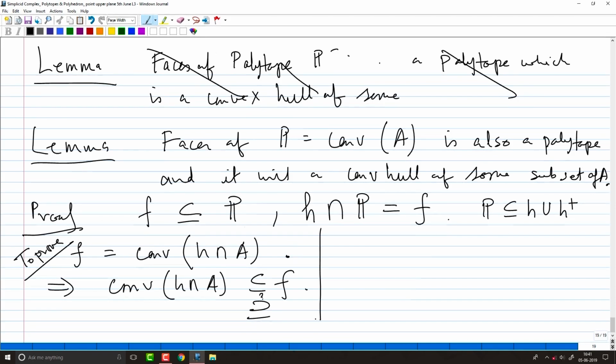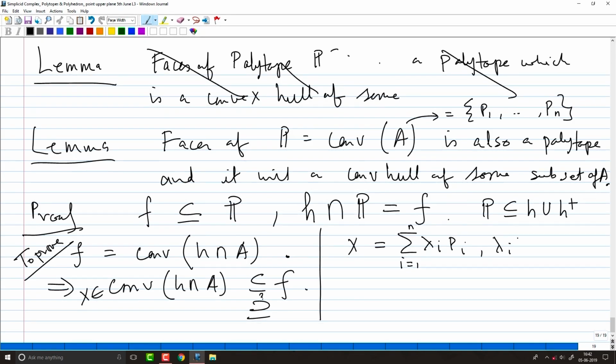So, let the set A be P1 to Pn. I can write x as a convex combination, with lambda i greater than or equal to 0 and summation lambda i equal to 1.